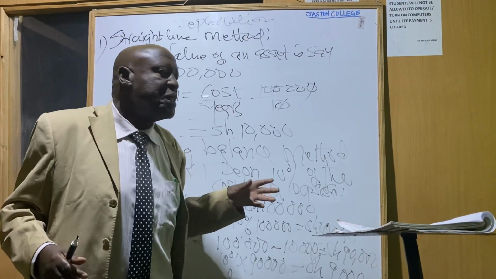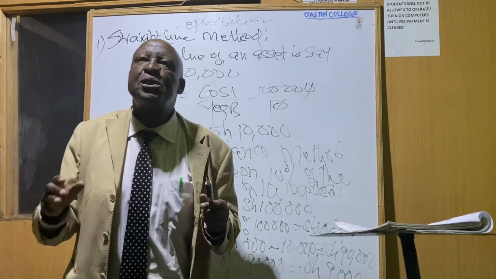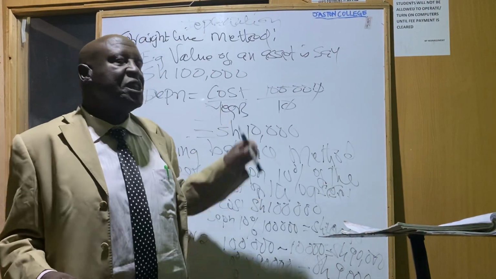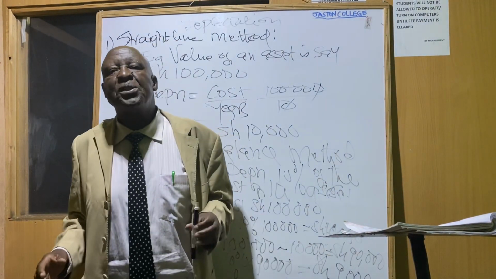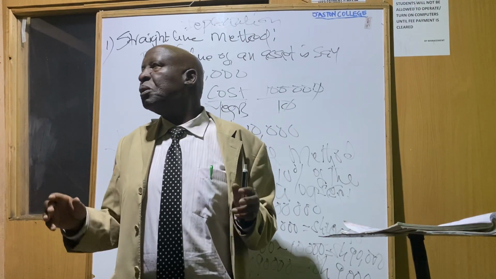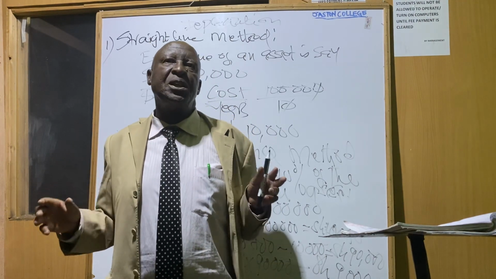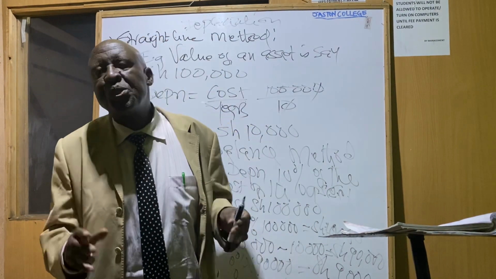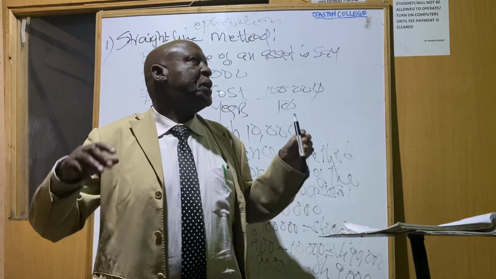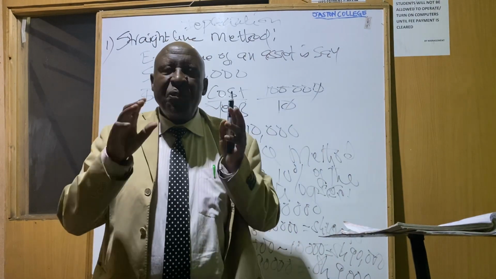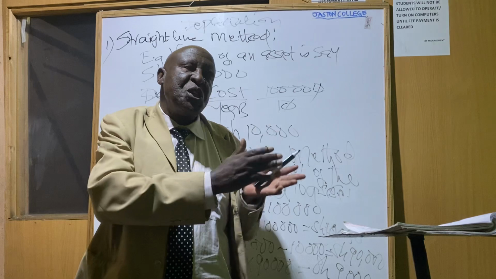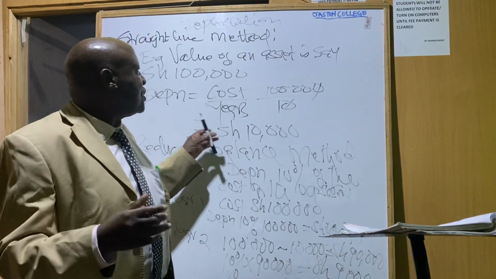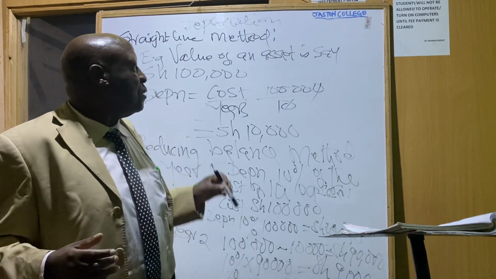On a straight line basis, if an asset is estimated to last 10 years, and the cost of that asset was 100,000 shillings, we divide the cost by the number of years, so we will know that every year the depreciation will be this much as we go on. That is using the straight line method.